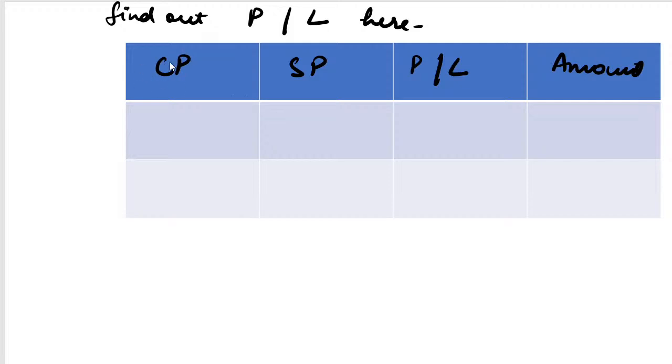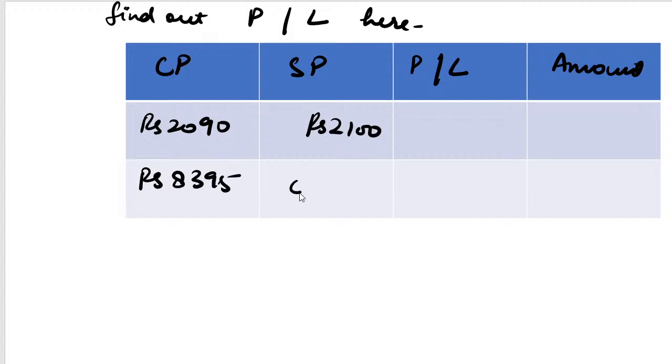If I say your CP is rupees 2090 and your SP is rupees 2100, in that case you have to tell me whether there is a profit or loss, and what will be the amount of profit or loss. Then next we have CP rupees 8395 and SP is 8935.